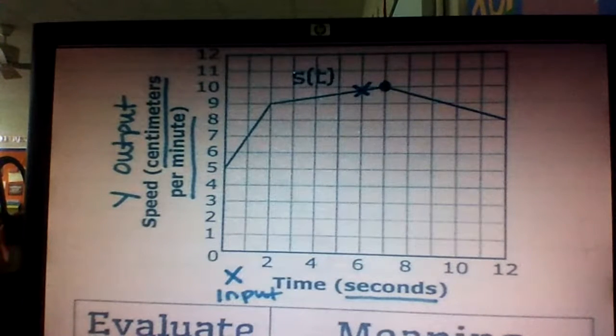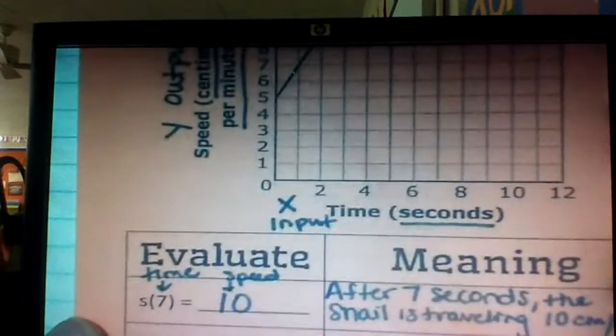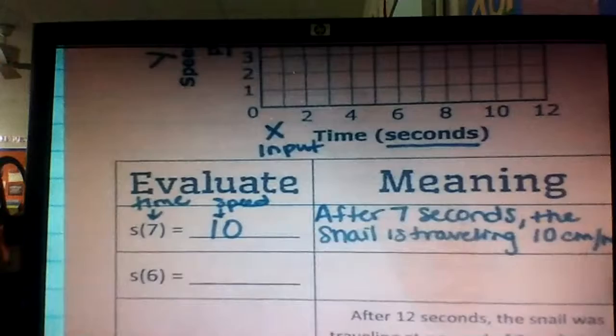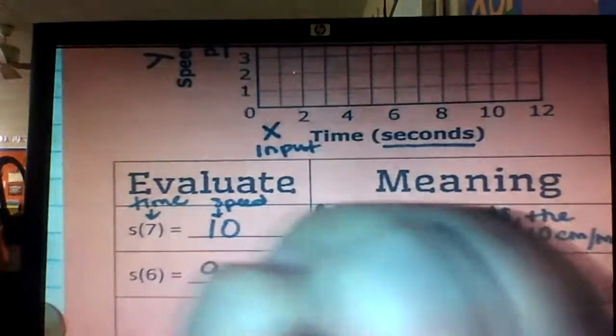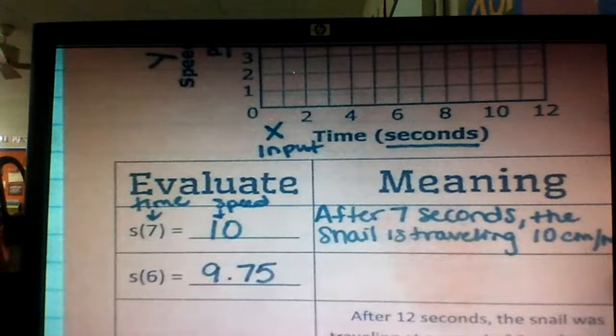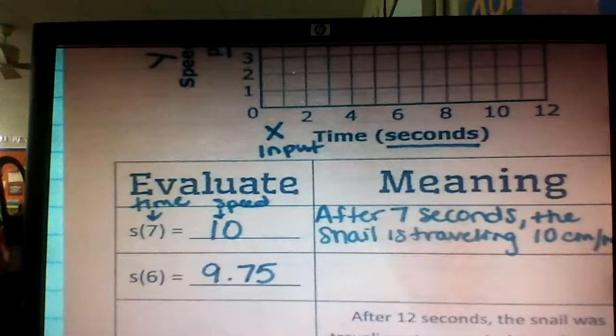It's a little bit below 10. 9.75. I'd probably go with 9.75, 9.8. Okay. This is going to be a guesstimate though. I don't know if I'd go quite as low as 9.5. It's not quite halfway. Okay. But I would have to accept 9.75, 9.8. It's not perfectly on a line.